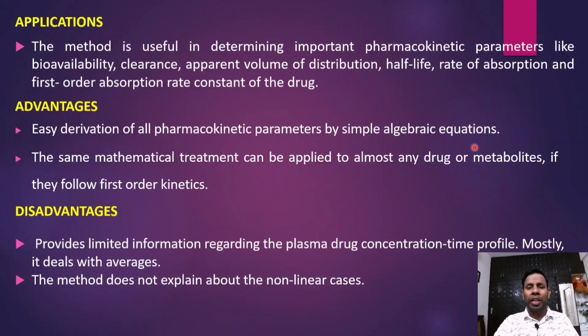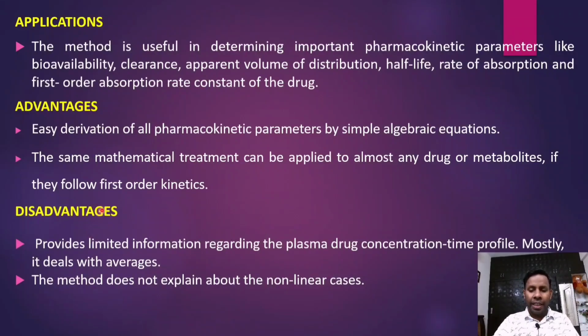Then second point, the same mathematical treatment can be applied to almost any drug or metabolite, but the condition is that they should follow first order kinetics. Any drug or any metabolite, their data can be obtained from this non-compartment model by using this simple equation MRT is equal to AUMC by AUC. But the thing is that they should follow first order kinetics.